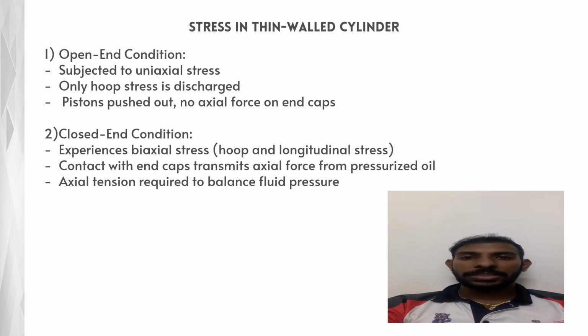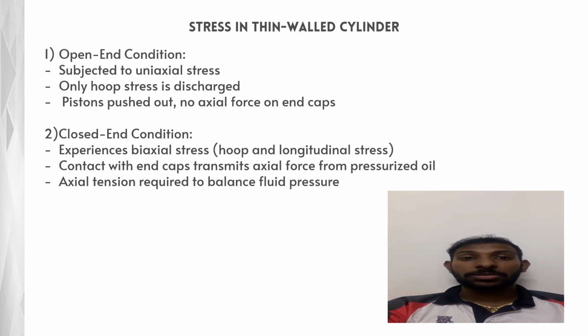A thin-walled cylinder with open ends was subjected to uniaxial stress. In this open end condition, only hoop stress is present because the pistons are pushed out from the cylinder's end cap when the hand wheel is turned, resulting in no axial force on the end caps.